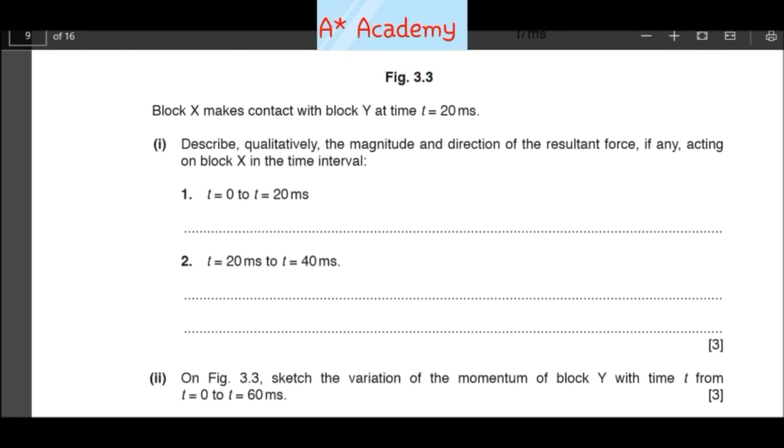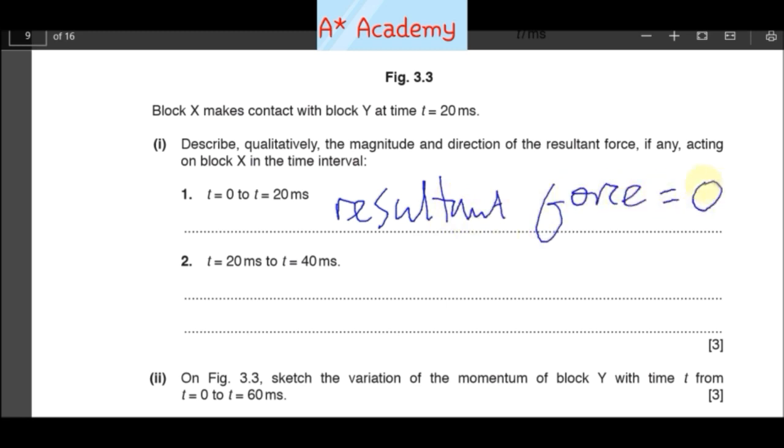So for the first 20 milliseconds we can write resultant force equals 0, or we can say no resultant force.